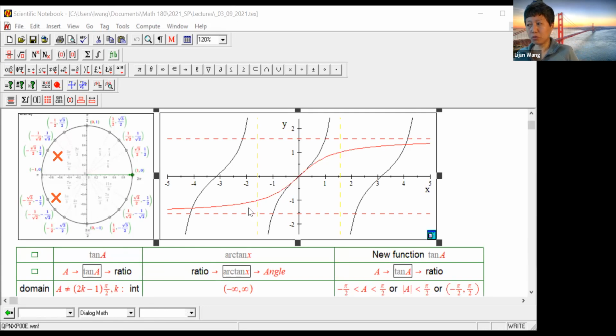So if you reflect on this definition of the new function, do you guys see my cursor? It corresponds to only quadrant 1 and quadrant 4, and what is more, this entire line is also not included because that's not in the domain. Do you follow me? So they're red. They're forbidden.